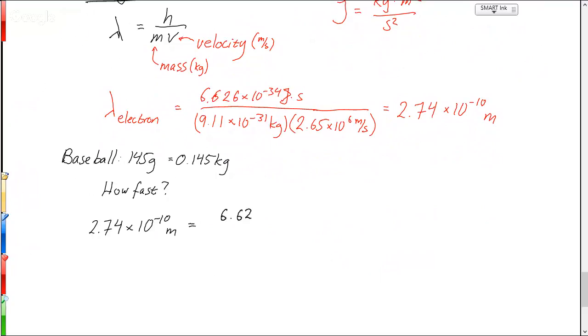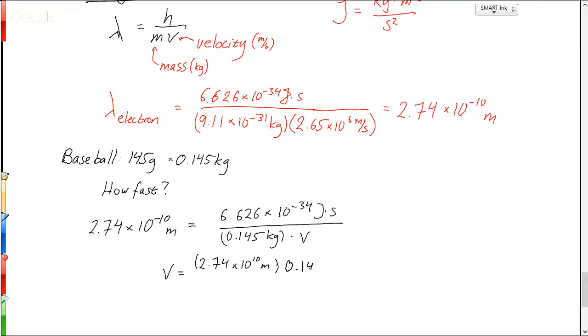So we do the same thing, 6.626 times 10 to the minus 34, over .145 kilograms, and we'll solve for the speed of the baseball, which is going to be 2.74 times 10 to the minus 10 meters times 0.145 kilograms.